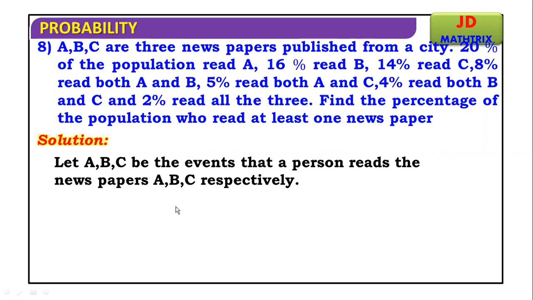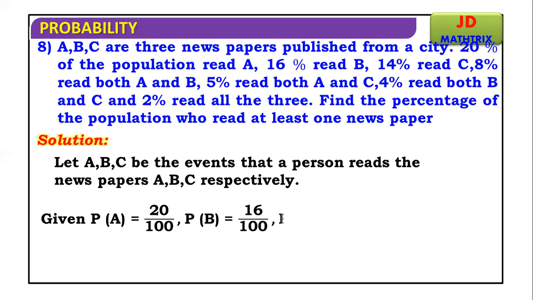Therefore, P of A is equal to 20 by 100, since 20% of the population read A. That means if a person is selected at random from that population, the probability that he reads newspaper A is 20 by 100.